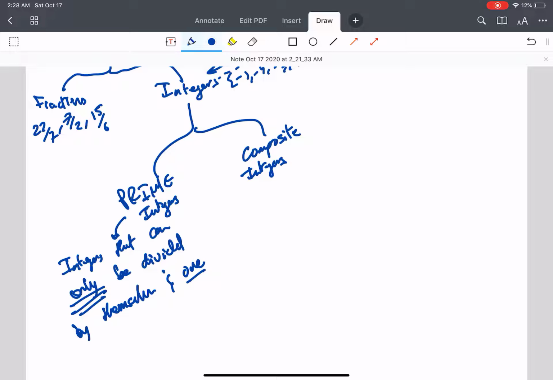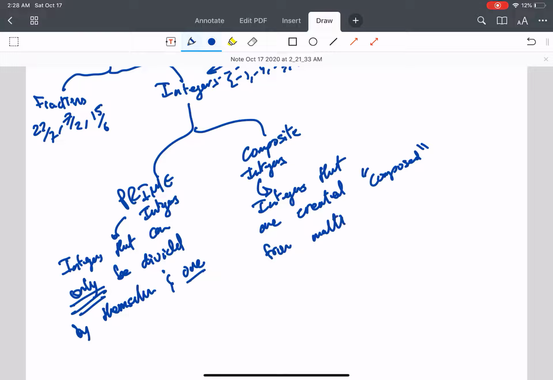And composite integers are integers that are created, or we say composed, from multiplying other integers.